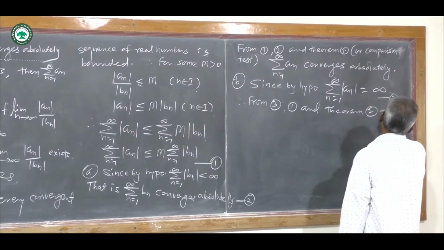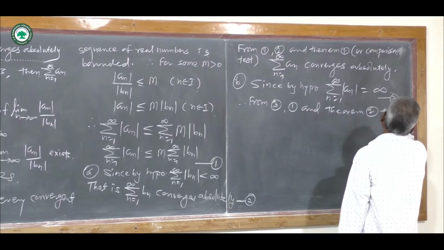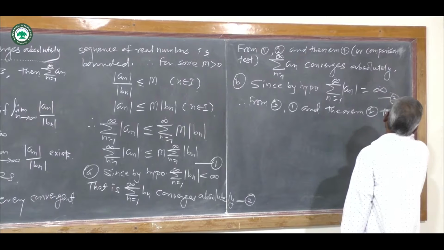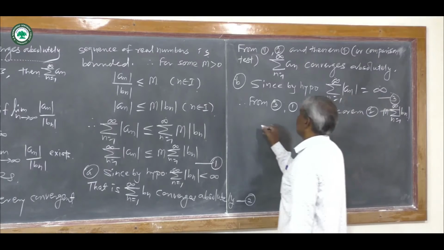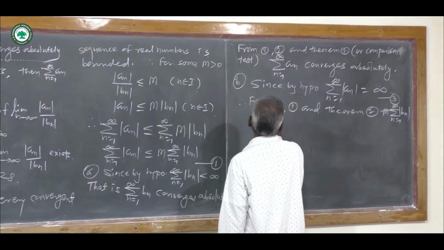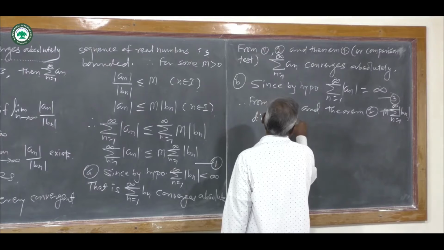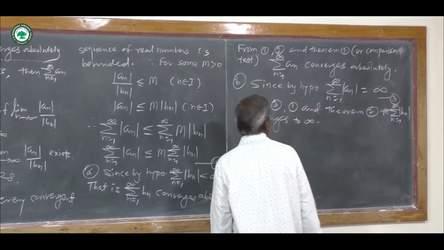Sigma M times summation n equal to 1 to infinity mod bn diverges to infinity.